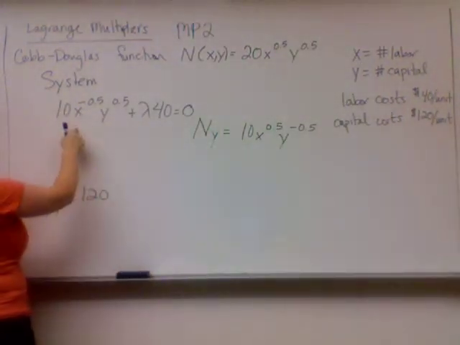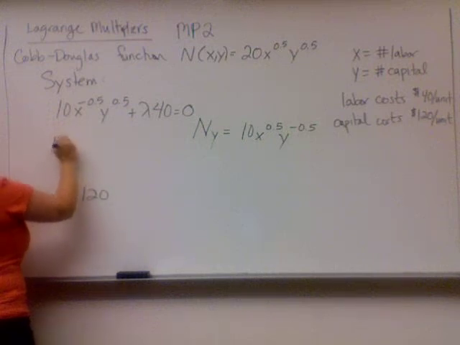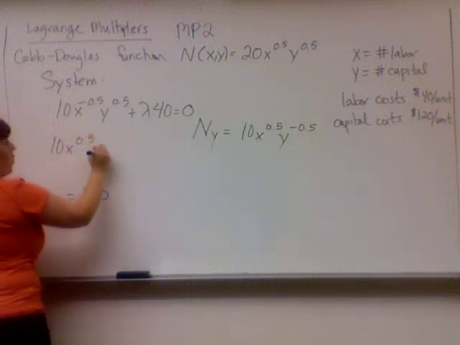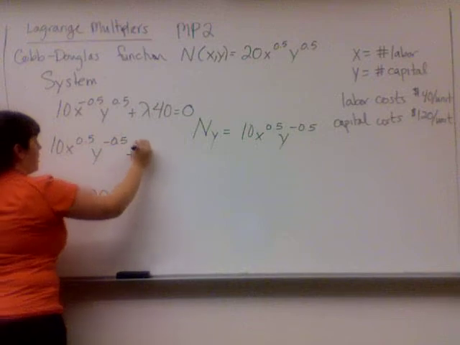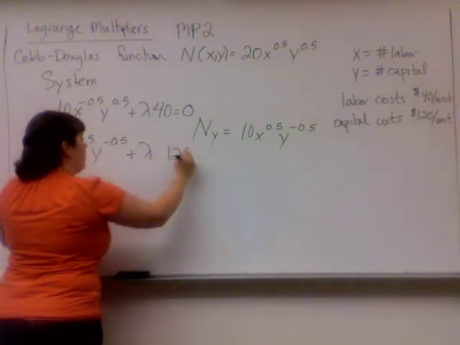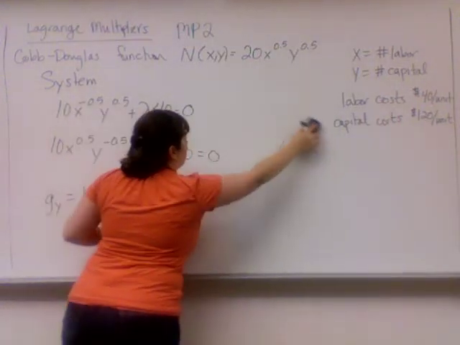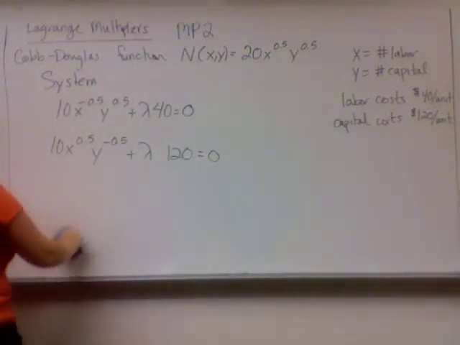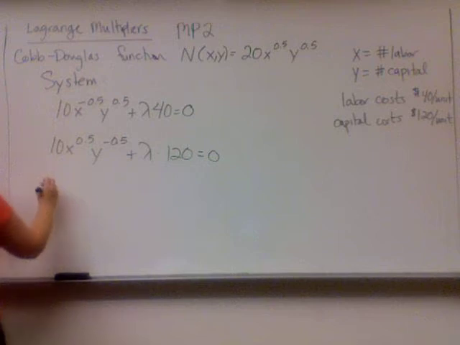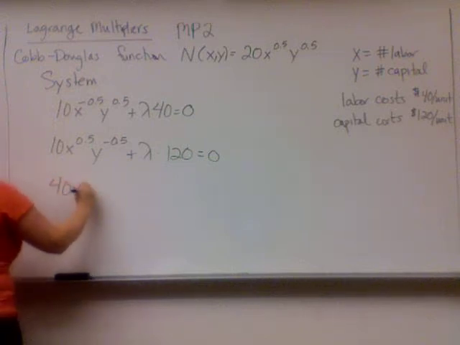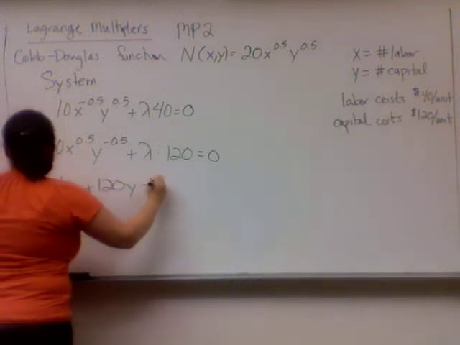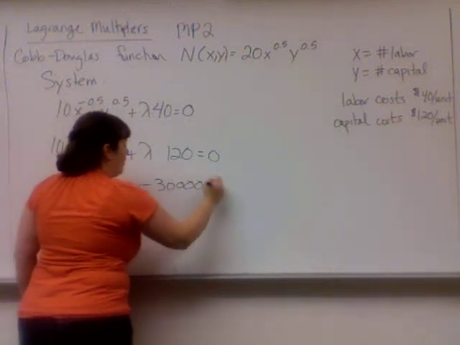There's our first equation. n sub y is 10x to the 0.5, y to the negative 0.5 plus lambda times 120 equals 0. And now we have to add as our third equation the constraint, which is 40x plus 120y minus 300,000 equals 0.